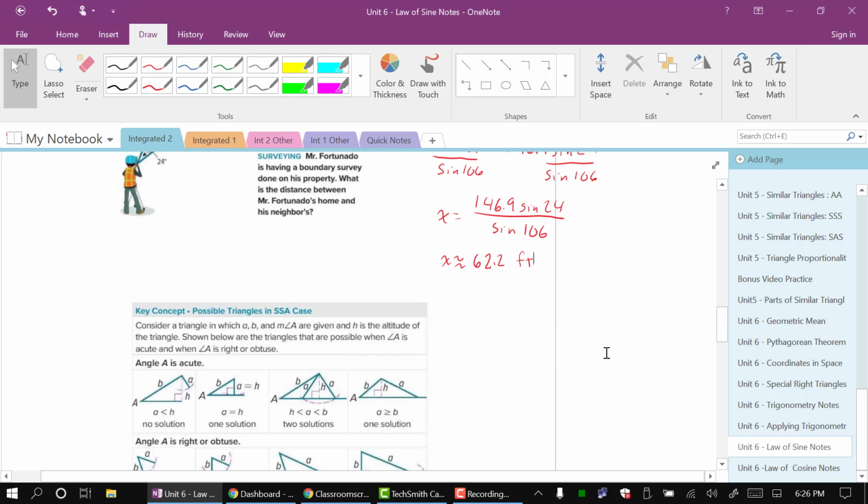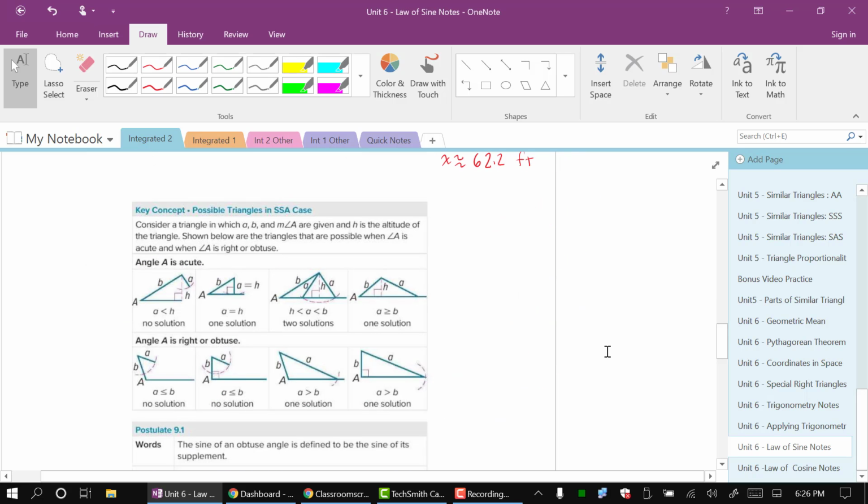Go ahead and take a look at the key concept here: possible triangles in SSA cases. Consider a triangle in which a, b, and the measure of angle A are given, and h is the altitude of the triangle. Shown below are the triangles that are possible when angle A is acute and when angle A is right or obtuse.